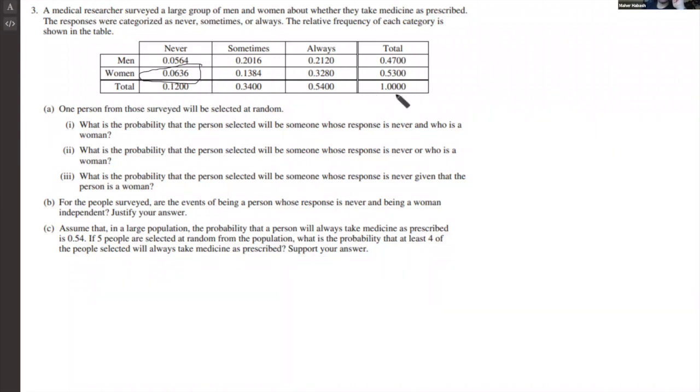So if we randomly selected one person from the population, never and woman, it's just this number right here. Any questions on that one?